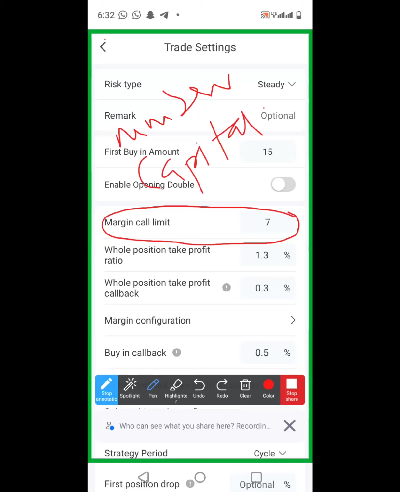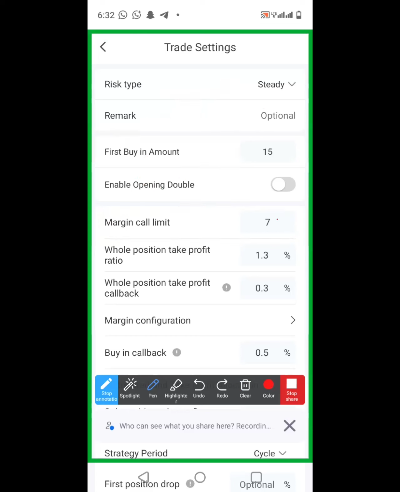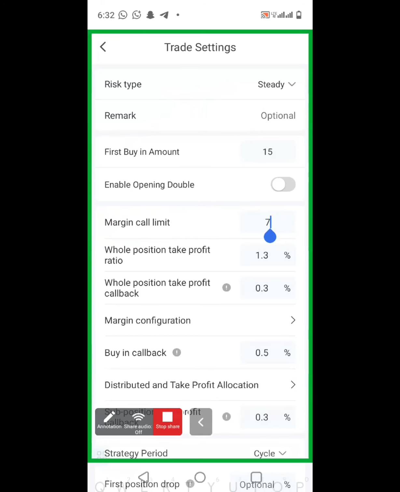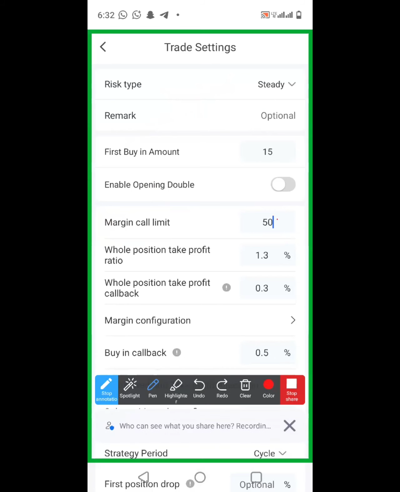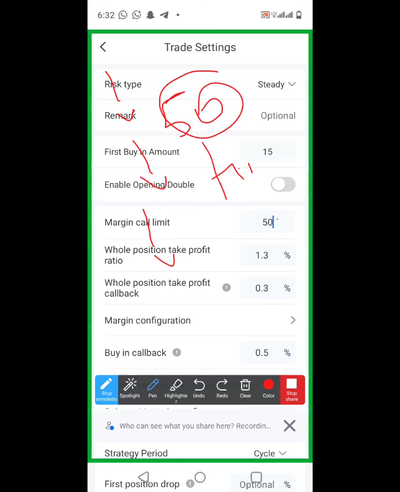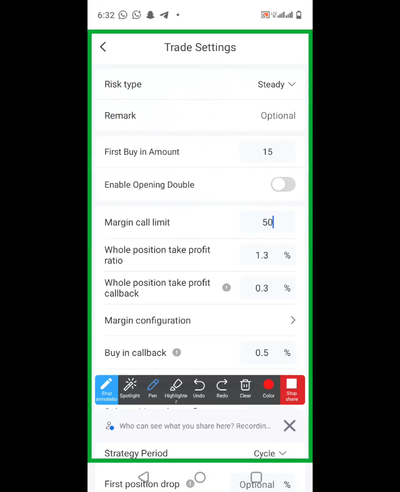If you change it to 50, that means you are saying that if the market price should drop, the robot should buy 50 times for you. That is simple as ABC for this margin call limit. So you are the one that can choose any limit you want your robot to buy.